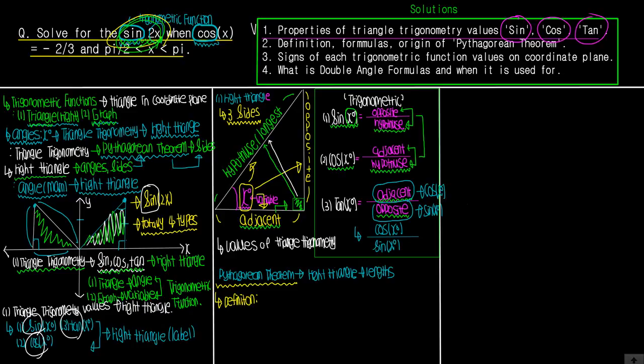The Pythagorean theorem refers to specific proportions between the lengths of the sides in our right triangle. The formula of our Pythagorean theorem means there are specific proportions between the sides in a right triangle.